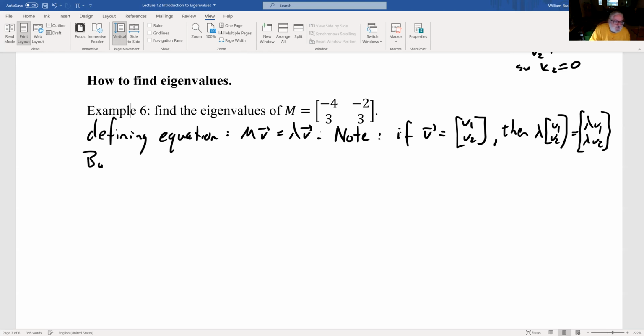But also, lambda times I2 times V equals, well, remember that I2 is the identity matrix, with ones down the main diagonal and zeros elsewhere.